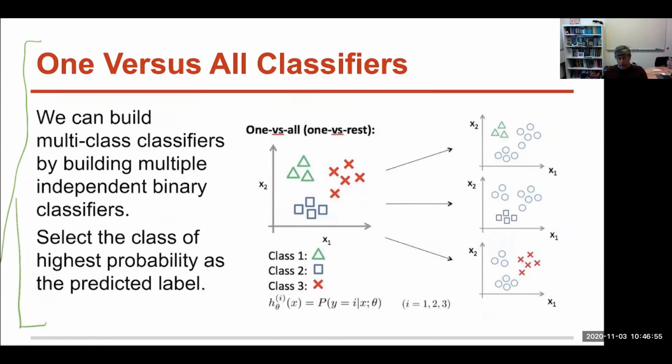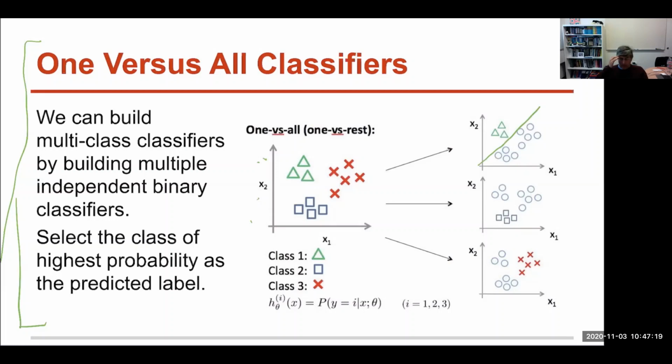If we have an example here where we have 3 different types of points, we could use our linear classifier technique, our logistic regression model.